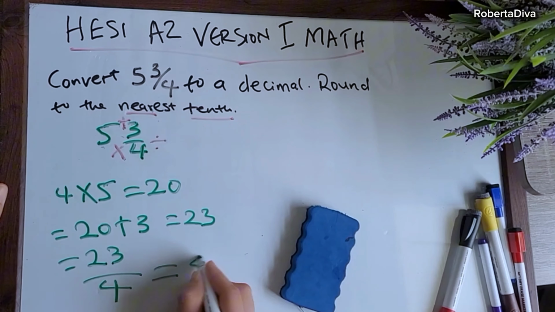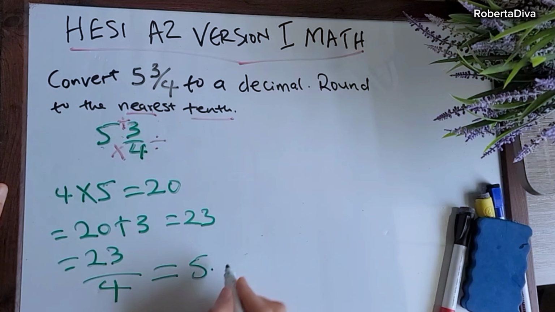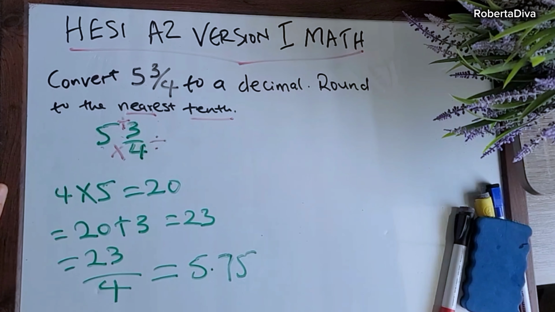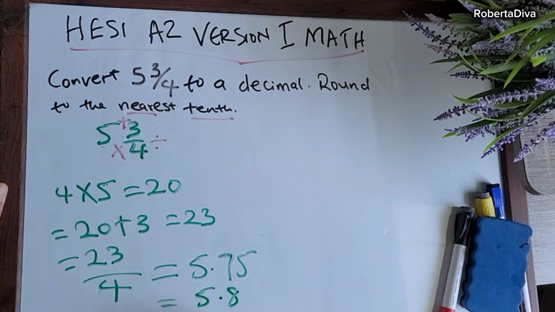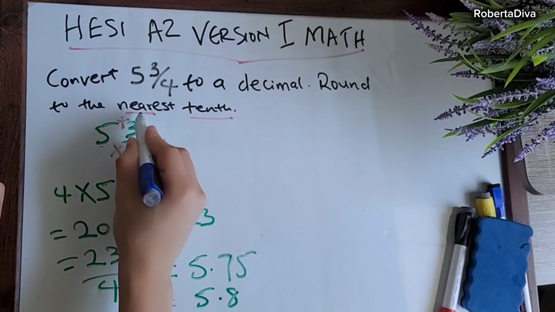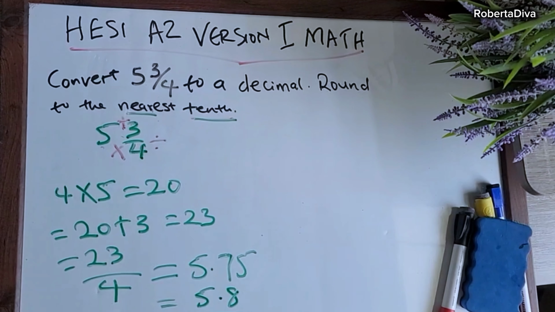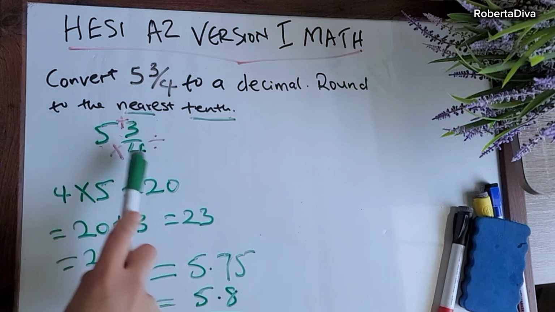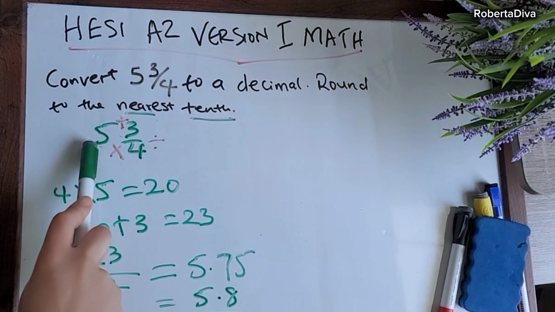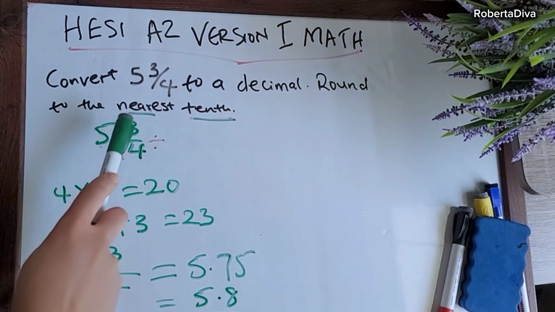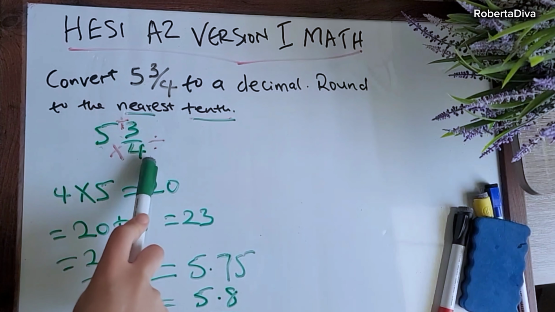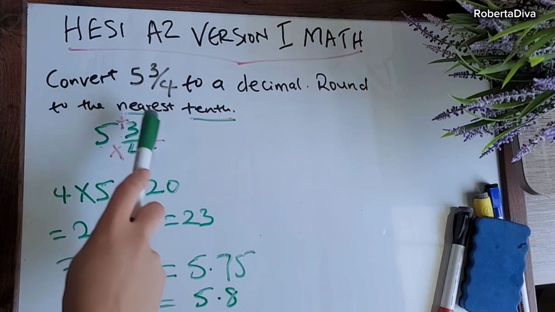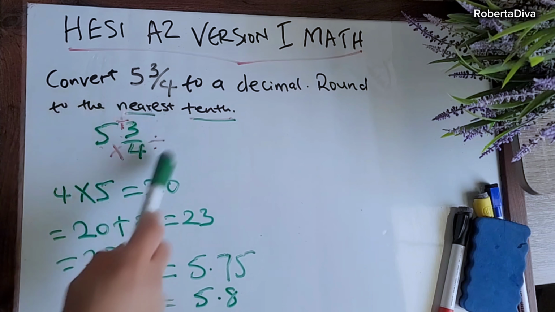See, we still get the same answer. And remember, round to the nearest tenth. So the answer is going to be 5.8. 4 multiply 5 gives you 20, you add 3 to give you 23, and then divide 23 by 4.